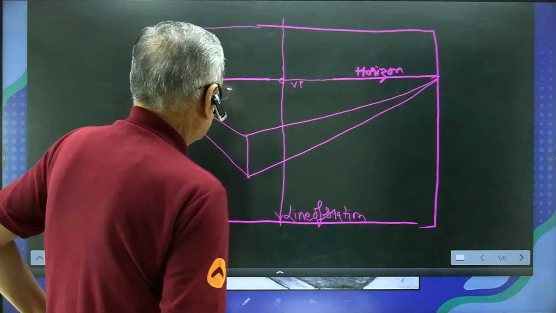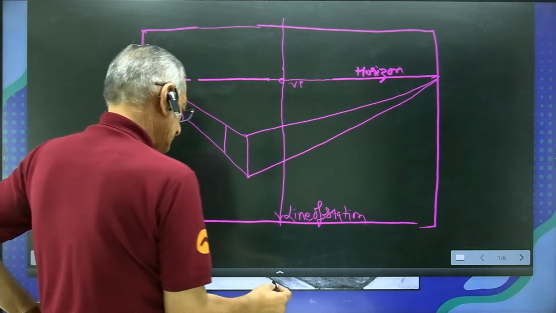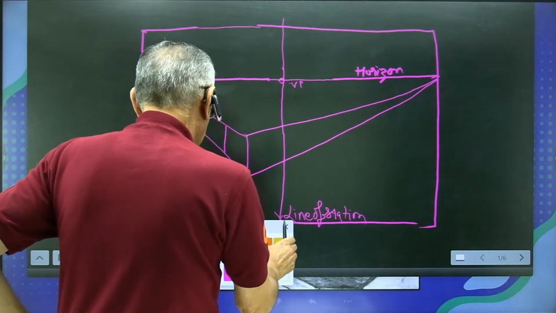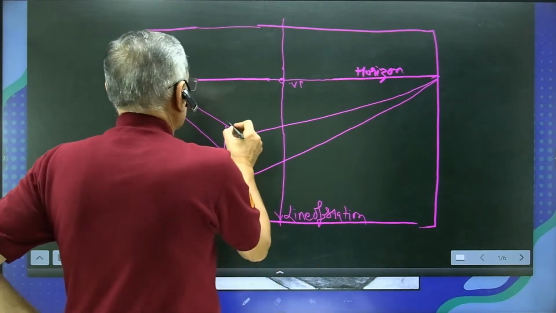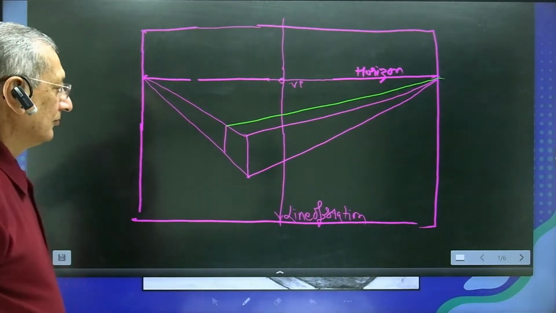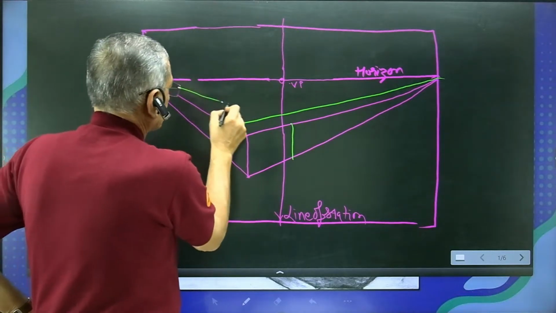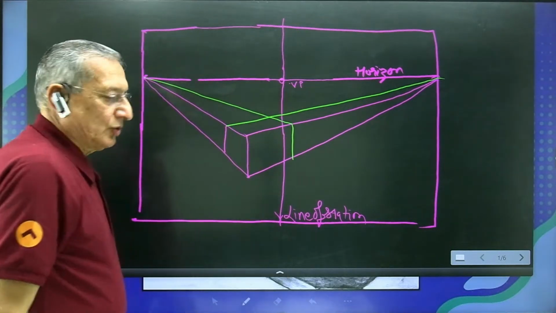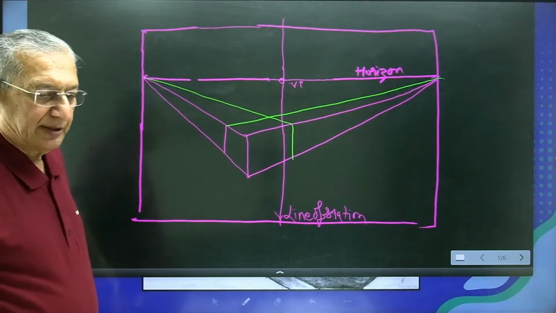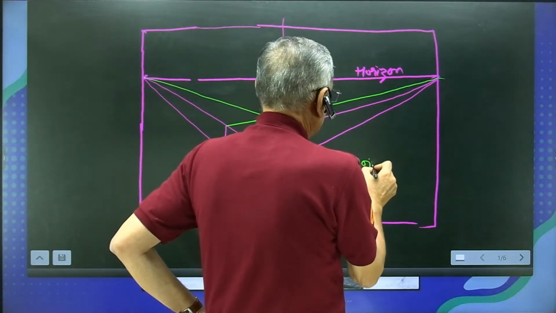Second, that... so the cuboid is done. Are you getting me? Now this is what is typically 2-point perspective.